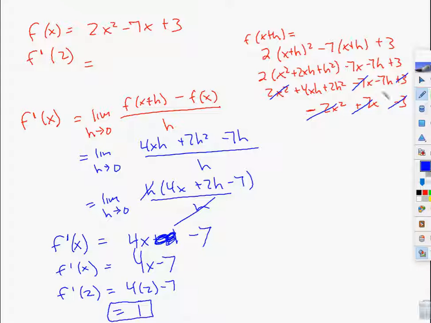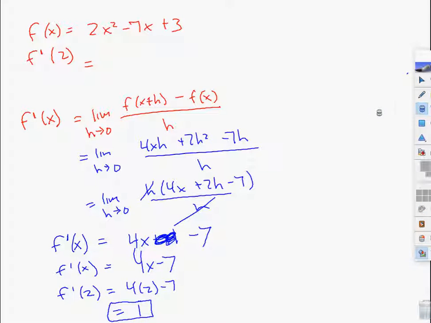Alright, so now, we don't need that. We want the equation of the line. That's what the book asks us for. x1 and y1 are the actual location. So to get the actual location, I'm actually going to have to put that 2 into there. So I get 2 times 2 squared minus 7 times 2 plus 3.